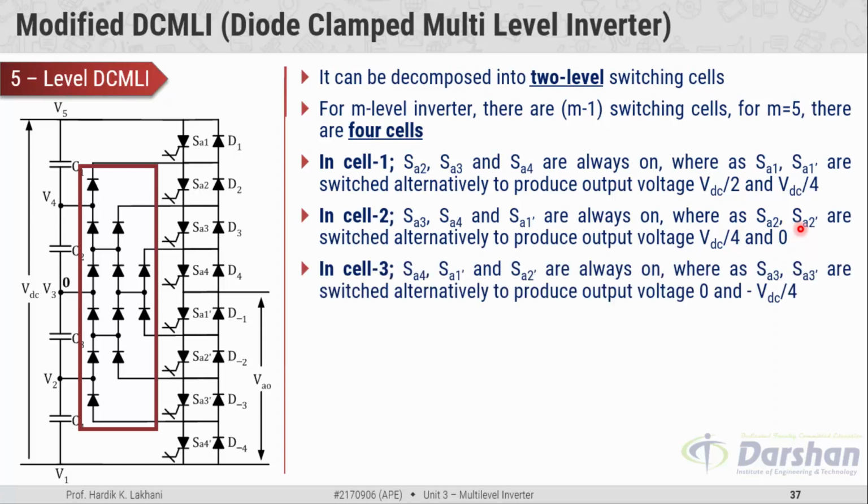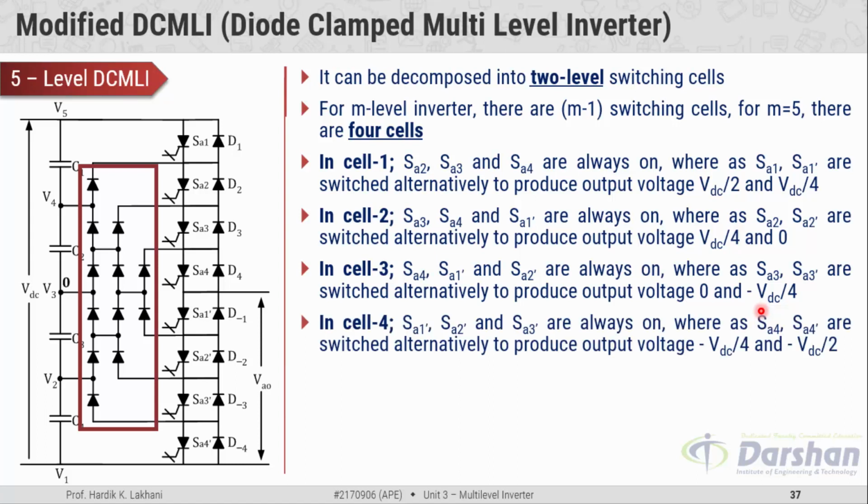Similarly, in cell number 3, 4, 1 dash and 2 dash, these three switches are always kept in the on state, whereas SA3 and SA3 dash are switched alternatively to produce the voltage 0 and minus VDC by 4 across the output terminals. That means the third two-level output has magnitude 0 and minus VDC by 4.